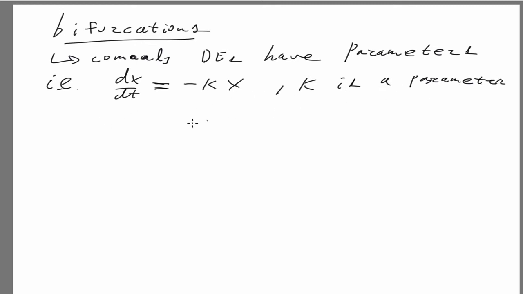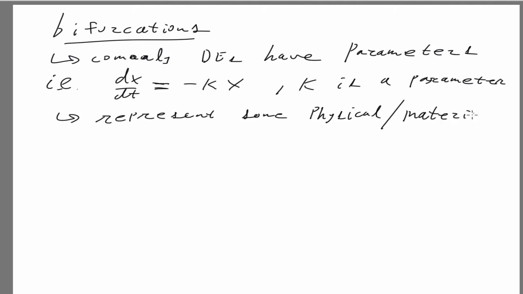And so this parameter might represent some physical or material property, or something that might be determined by an experiment.